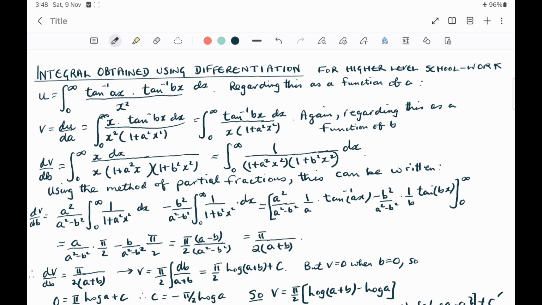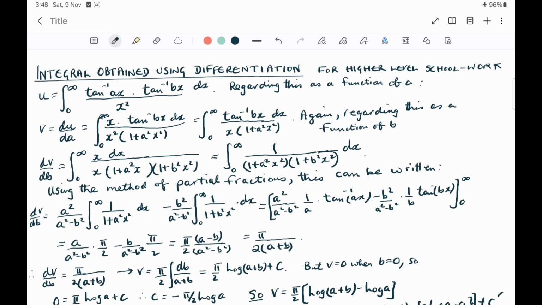Now, we can use the method of partial fractions here, and I'll leave this to you, but it is not difficult to do. It can be written as dv/db equals a squared over a squared minus b squared times the integral of 1 over 1 plus a squared x squared dx, minus b squared over a squared minus b squared times the integral of 1 over 1 plus b squared x squared dx.